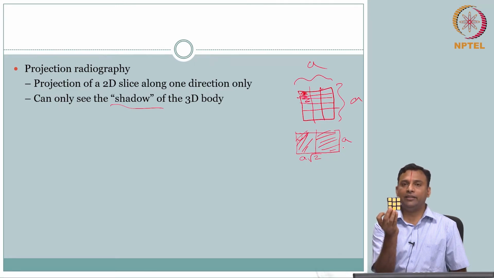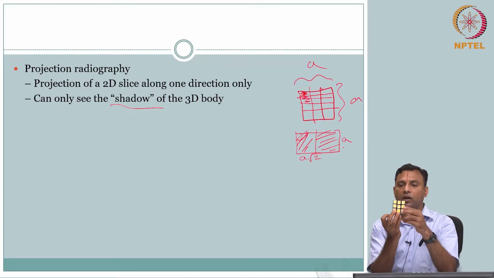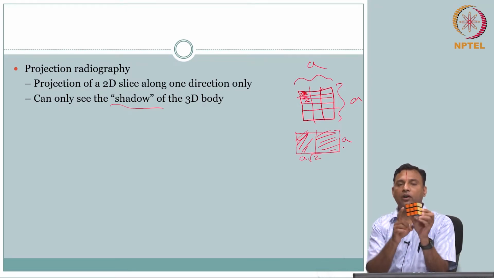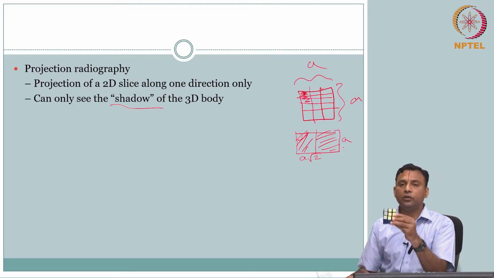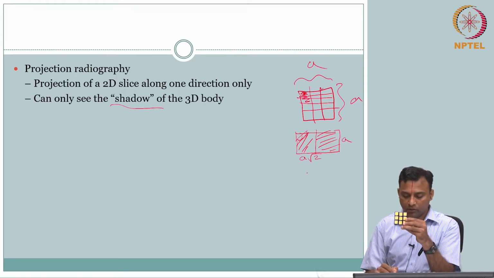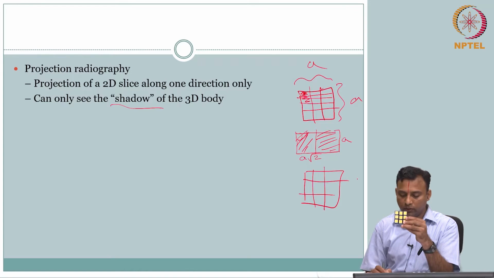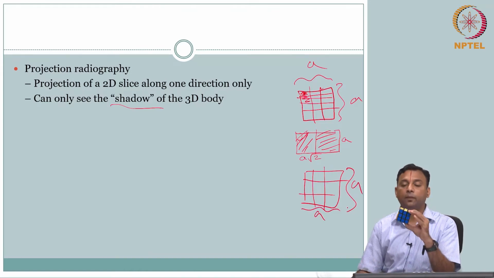I do 90 degrees, what happens? I see a yellow square. This again will be A cross A, but a yellow square.